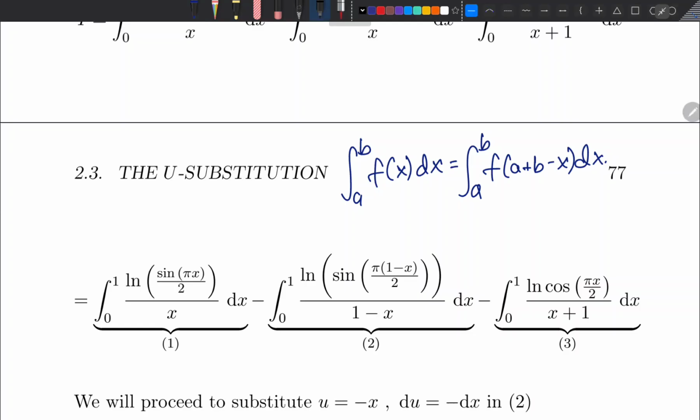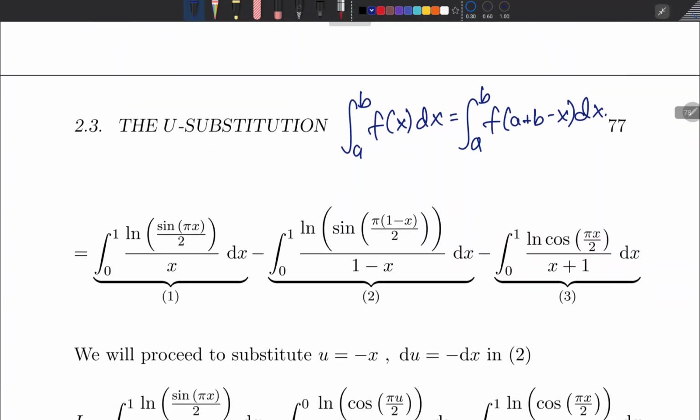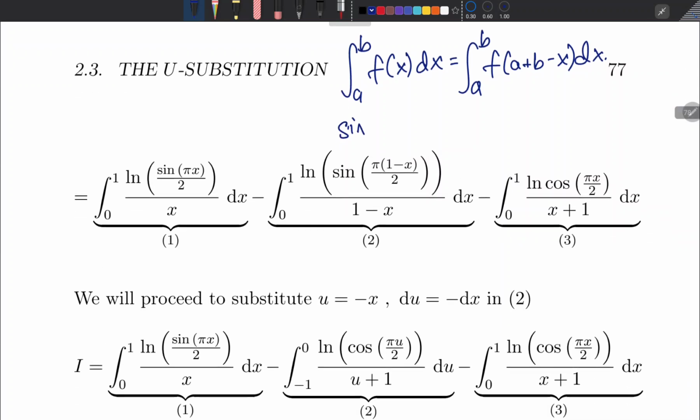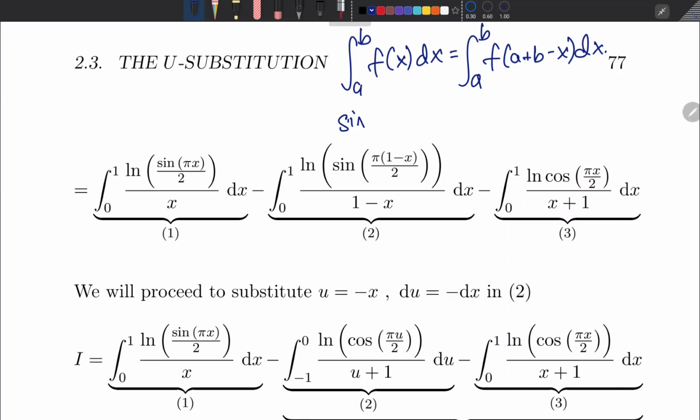So we have sine of pi over 2 minus pi x over 2.